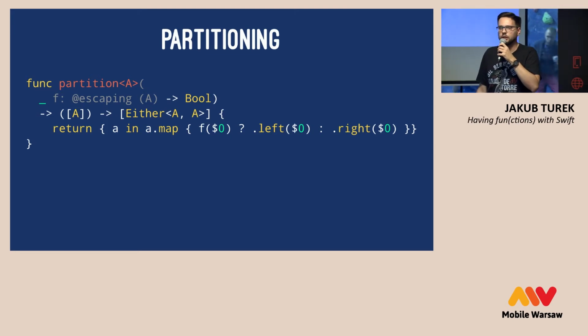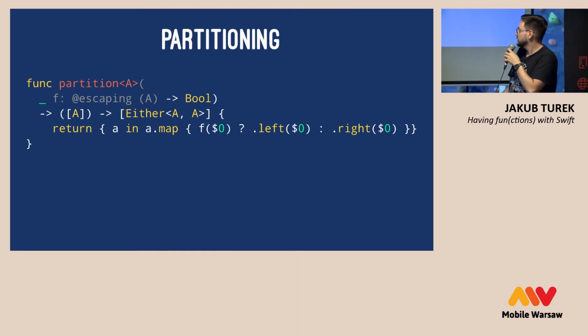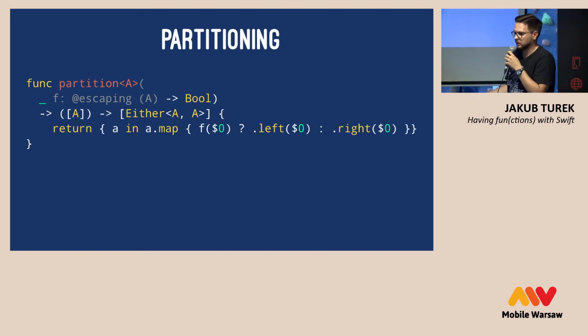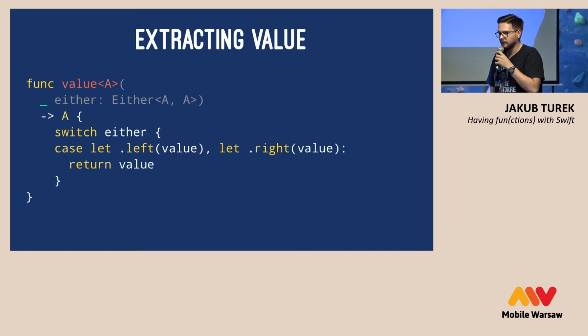It has a pretty nice behavior because it actually keeps the order of the original array. So what will happen is that all of the items passing our test will end up as being the left side of the Either and the others on the right side of the Either.